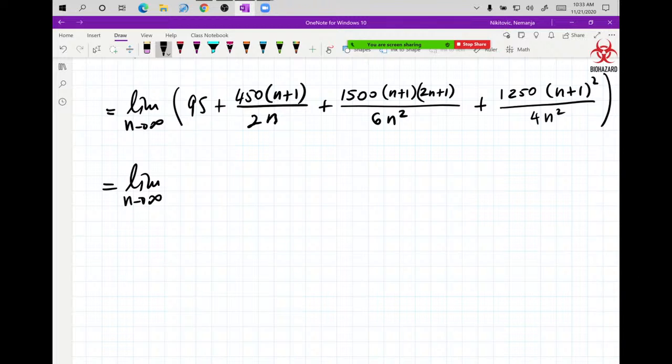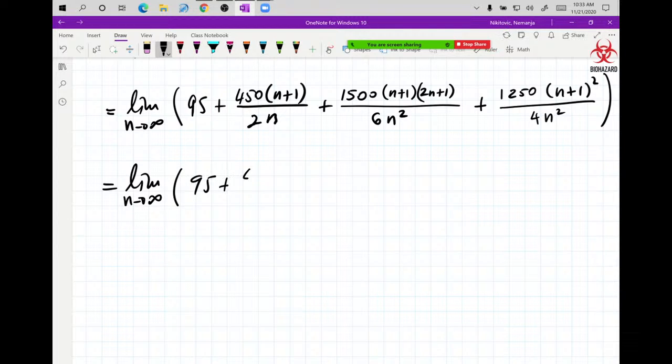Because you know that when the powers are the same, for limits that are going to infinity, you just get to write the front coefficients. Well, do we have the same powers? Yes. n and n. n times 2n is 2n squared, and there is n squared on the bottom. And then n squared again, and n squared again. We do have the same powers everywhere. So I can just write the front coefficients.